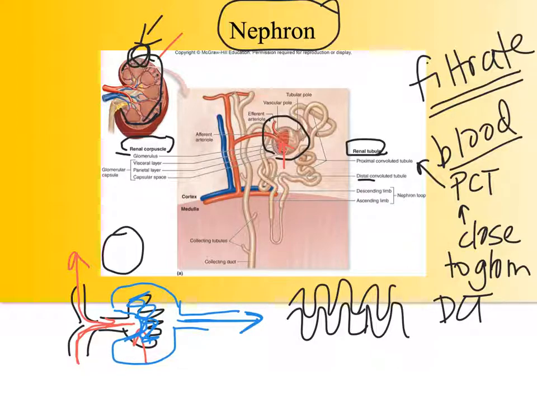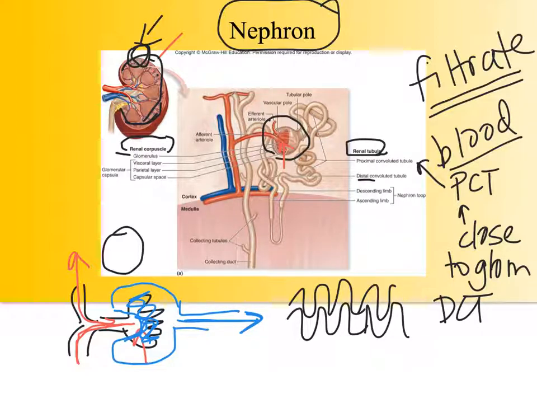They're just these masses of tangled up tube. Now, if we trace the flow, which we have on the next slide, when we make urine we go through the glomerulus, through the PCT, the proximal convoluted tubule.